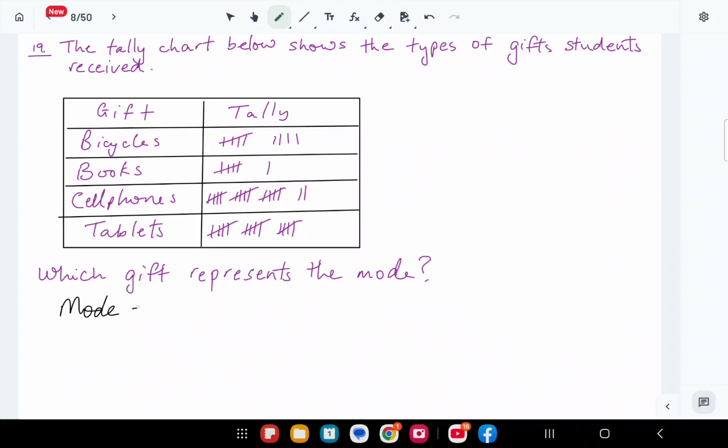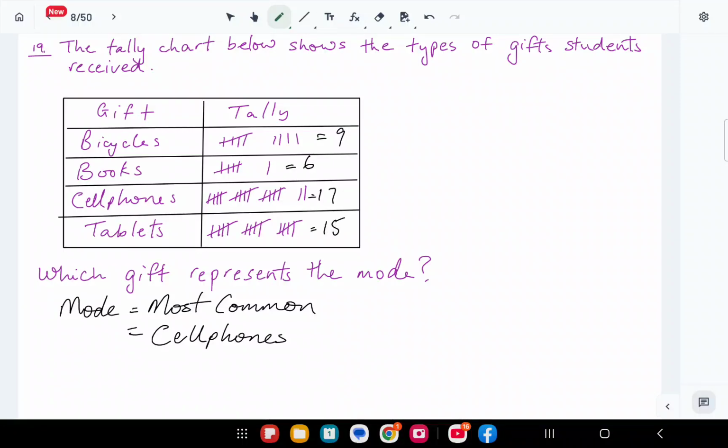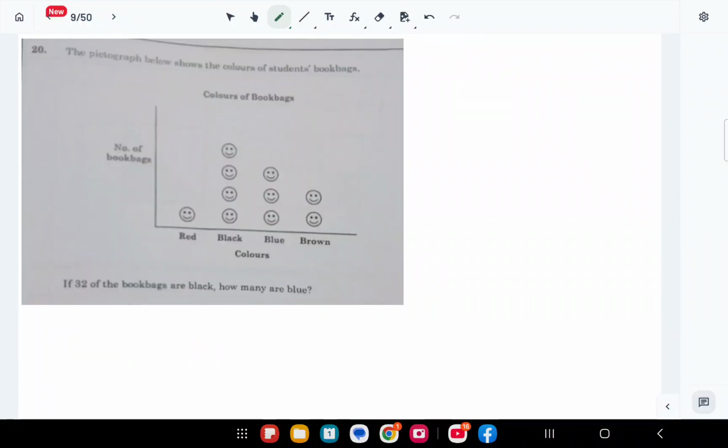Mode means the most common gift in this case, and the most common one would be the one with the most tallies, which would be cell phone, because here represents 9, 6, 17, 15.